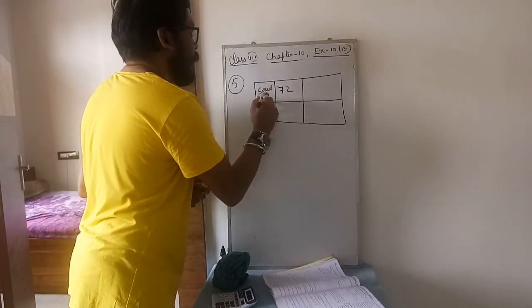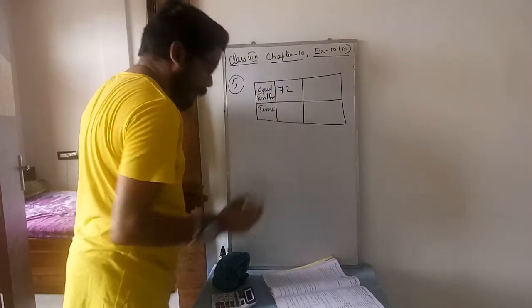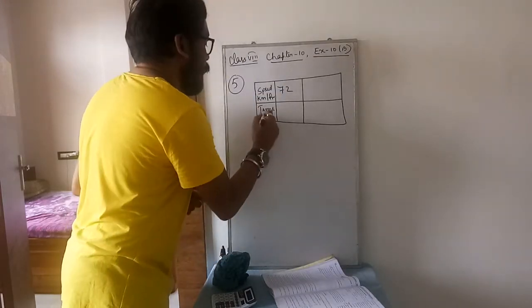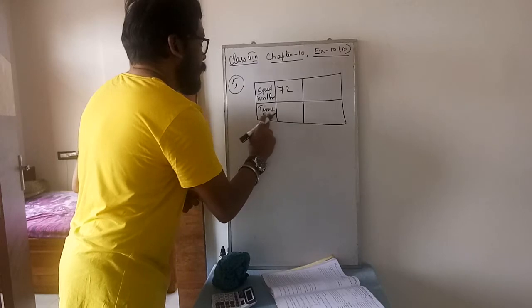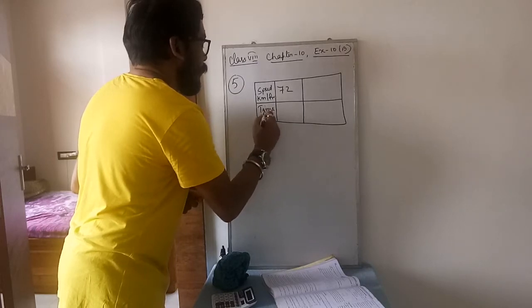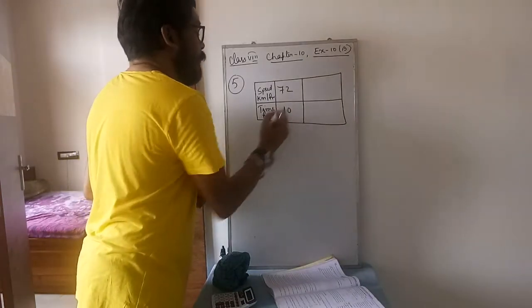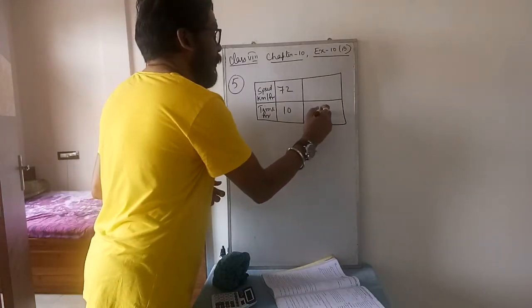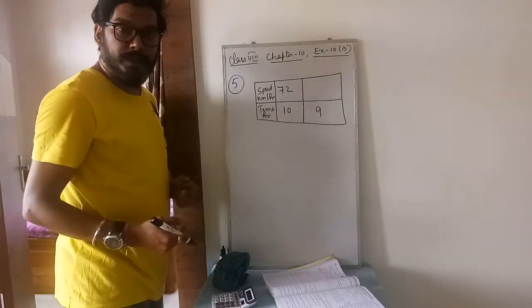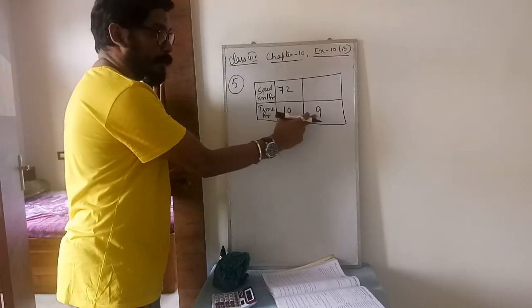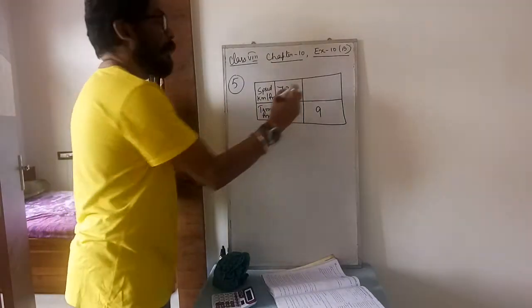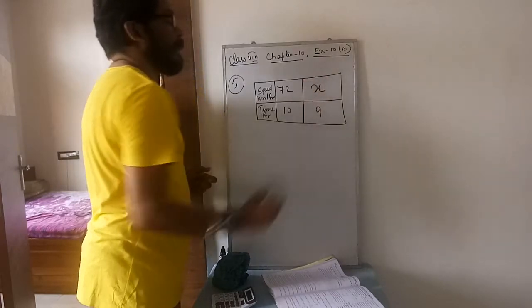Here you can mention the unit kilometer per hour, and for time it is hour. So when the speed was 72, time taken was 10. Now time is given as 9. So less time, so more speed. Previous time was 10, now time is decreased to 9. It will be more speed. Since you have to find speed, take it as x.